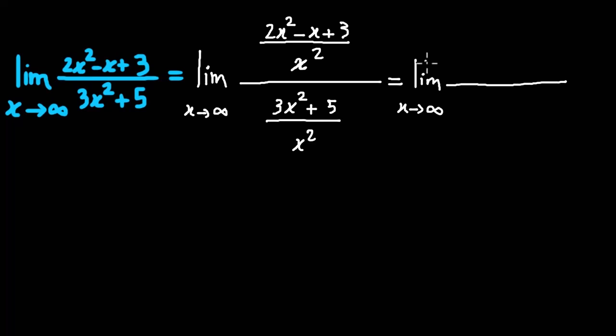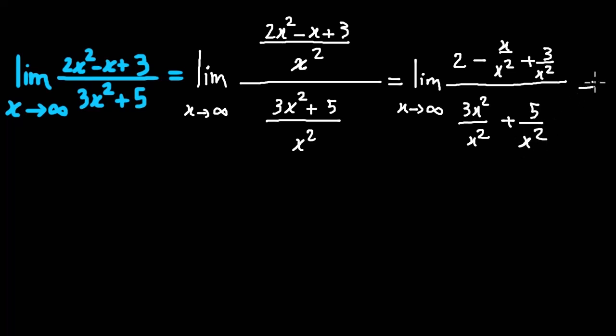2x² over x² is equal to 2, minus x over x² is equal to 1 over x, plus 3 over x². And in the denominator we have 3x² over x² plus 5 over x².